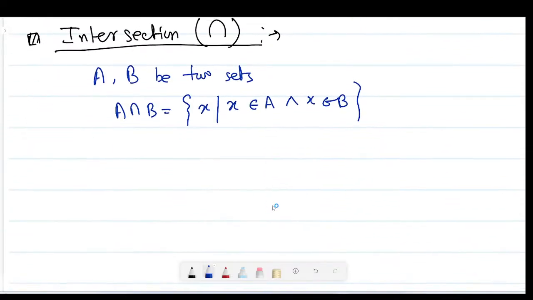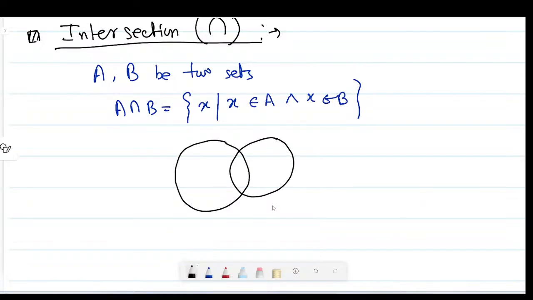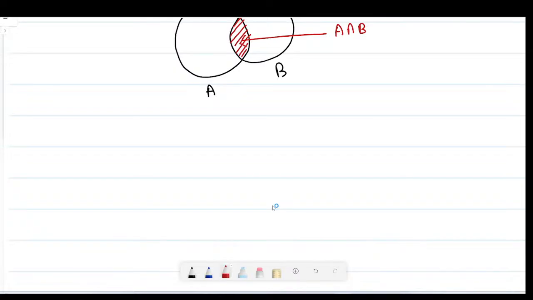Okay, so if I draw the Venn diagram like here, this is my A and this is my B. So the intersection portion is this. So this is my A intersection B. Okay. Now I am taking some example.